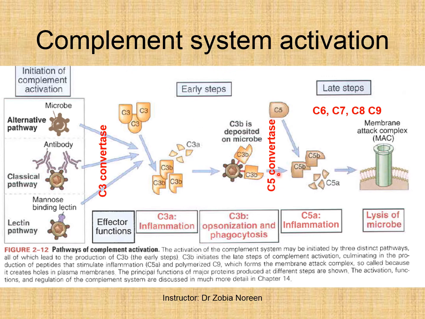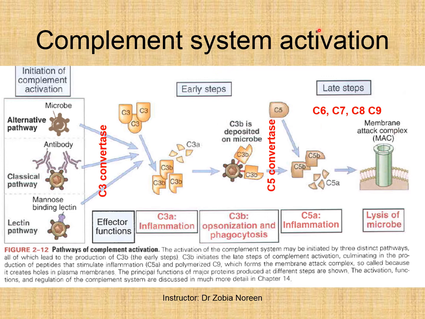This C5 convertase has the ability to cleave C5 into C5a and C5b subunits. This C5a is also a chemoattractant and is released, and it also induces changes in blood vessels that make them leak plasma fluid into the site of infection. The C5b then initiates the formation of a complex called the membrane attack complex with the help of other complement proteins like C6, C7, C8, and C9.